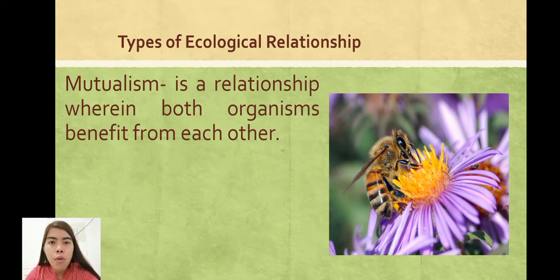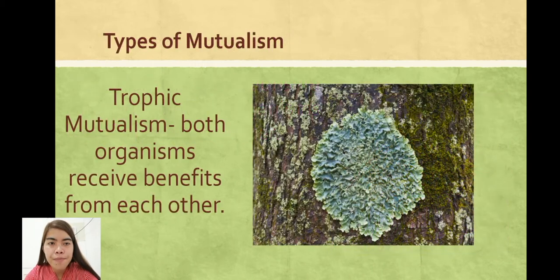Okay, so we will first talk about this one, the trophic mutualism. Okay, when we say trophic mutualisms, both organisms receive benefits from each other. From the word trophic mutualism. For example, as you can see in the pictures, we have lichens form a mutualistic relationship between fungi and algae.